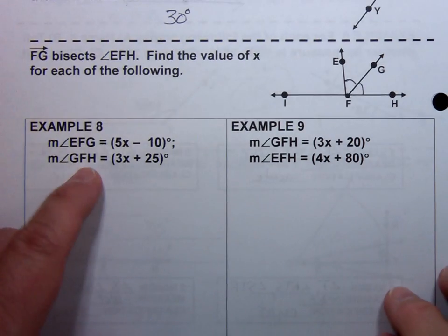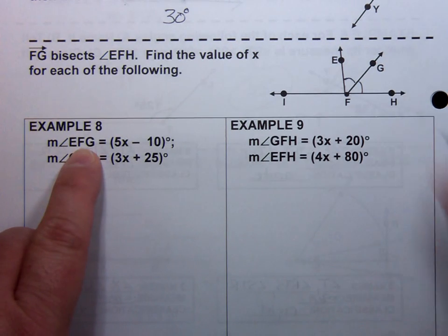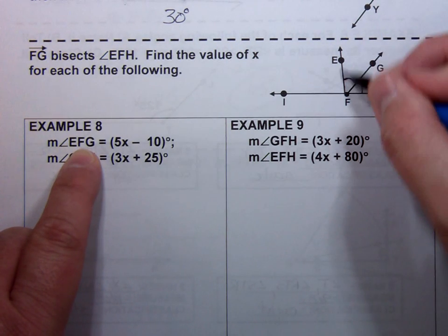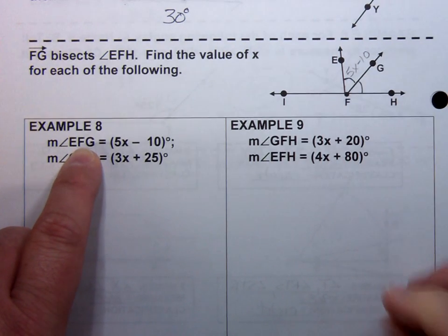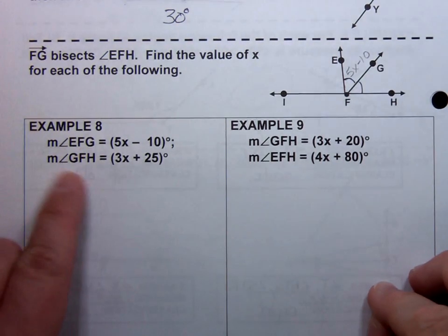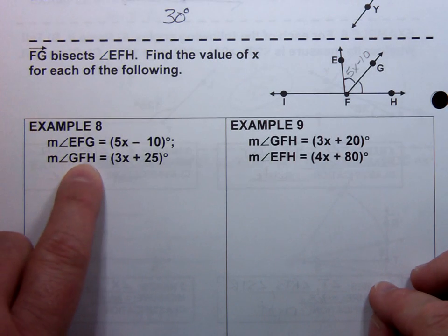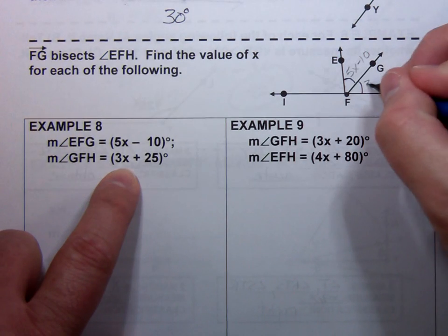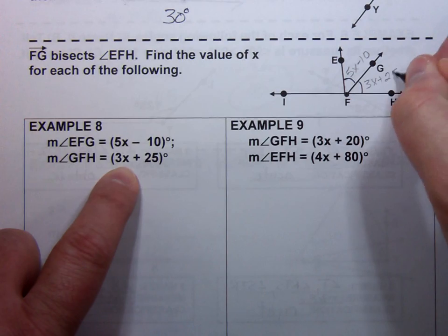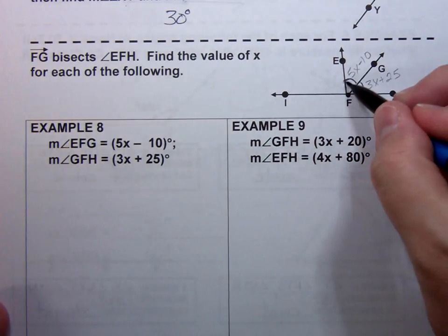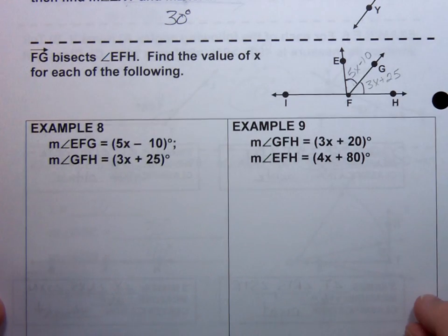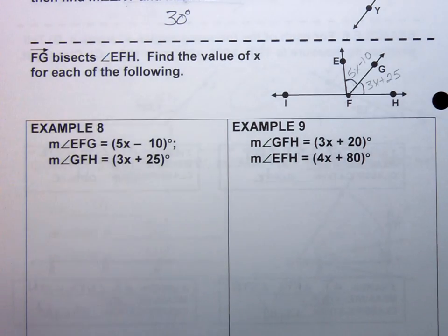On example 8, it says the measure of angle EFG is 5x minus 10, and the measure of angle GFH is 3x plus 25. Now we just finished saying that these two angles are congruent to each other, which means they have equal measures.